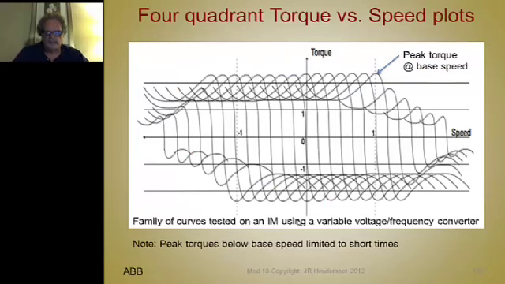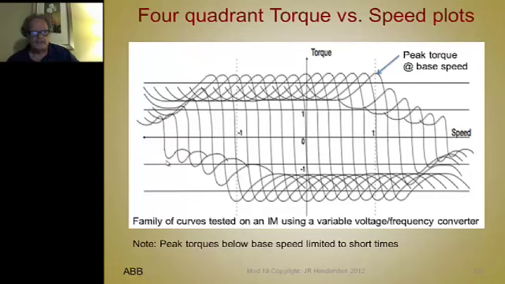Now here's a full 4-quadrant plot of a bunch of different torque speed curves. This is a whole family of torque speed curves that have been plotted. These could be measured, except there'd be a thermal problem to measure them. So this data, I believe, was taken by calculating this family of torque speed curves and then plotting them all on one graph so you can study and understand the envelope of what the capability of the machine is.